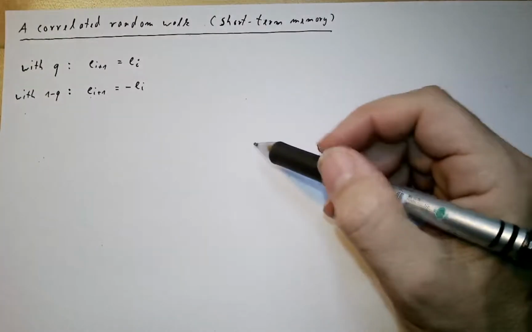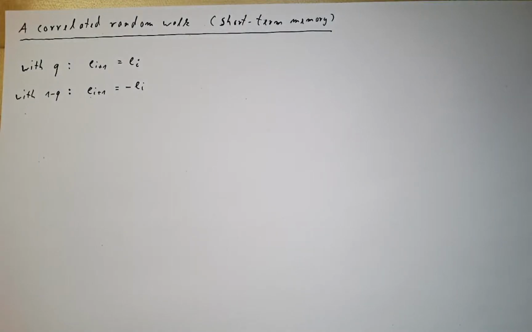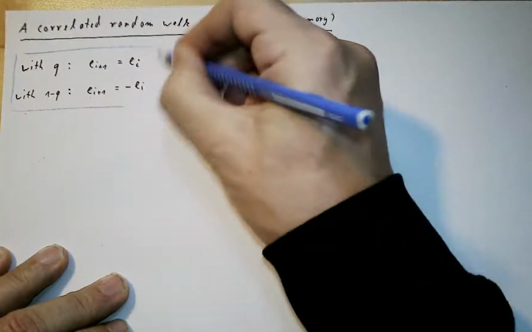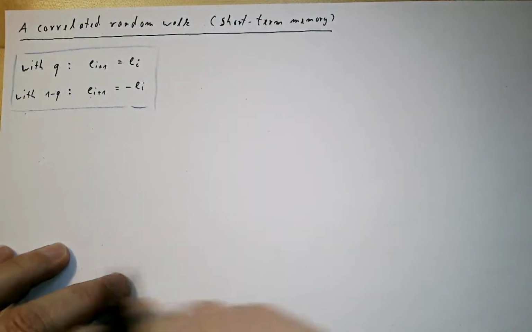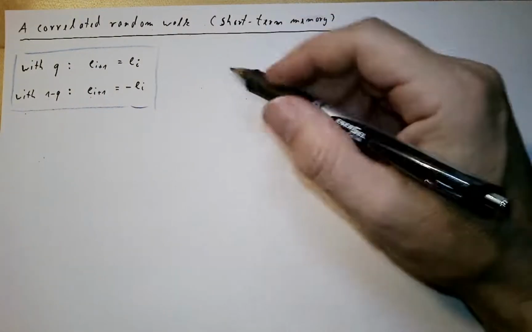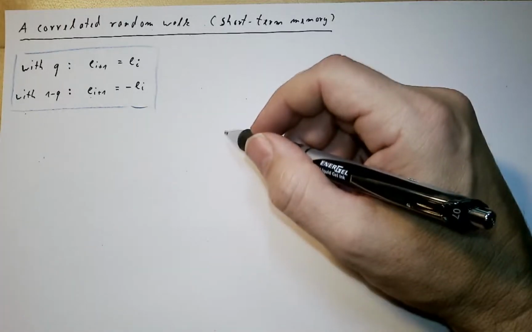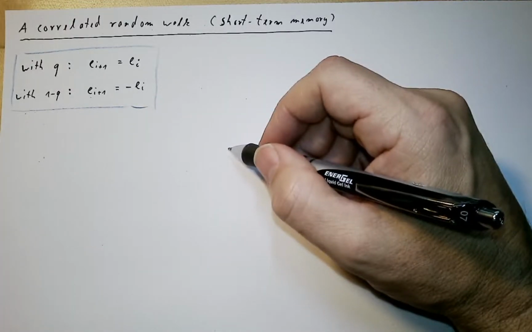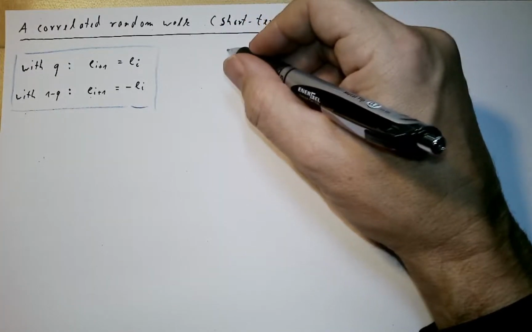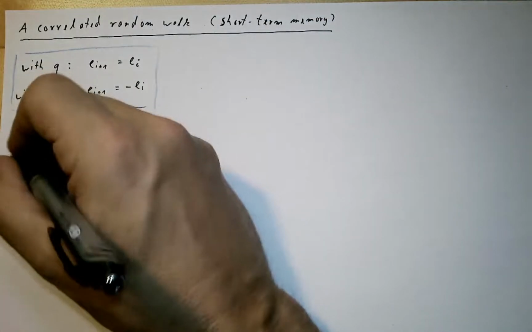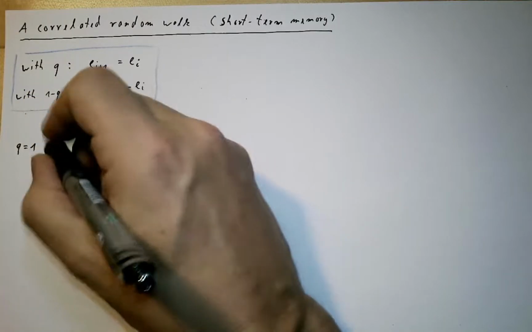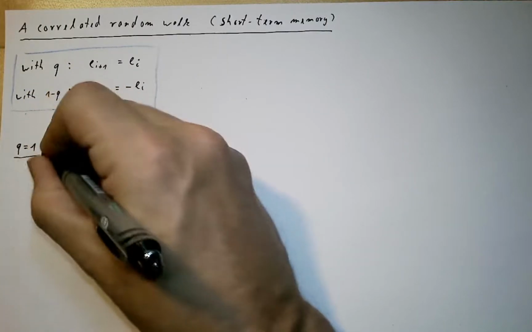So now when we have such a process, it's always a good idea to start with simulating some examples. And so maybe let's do this. So let's say we have q equal 1, and what does this mean?